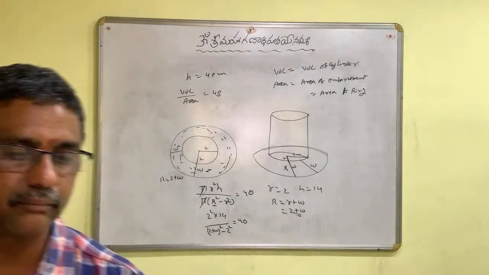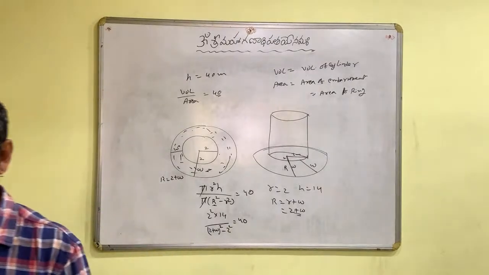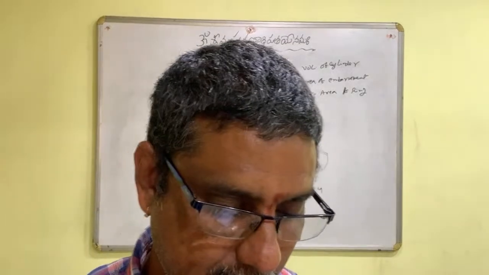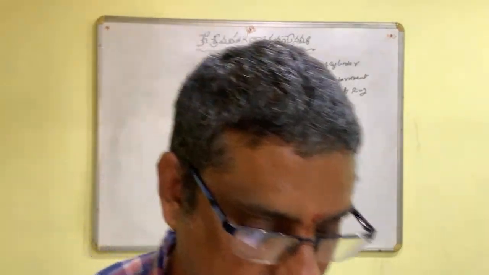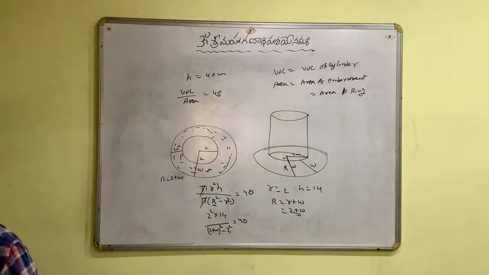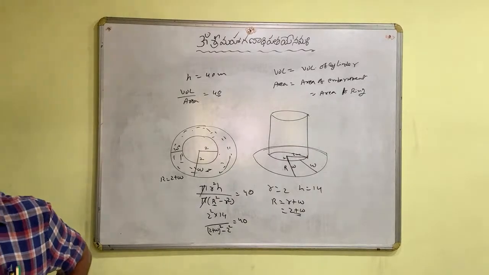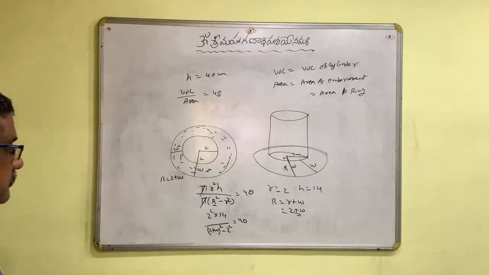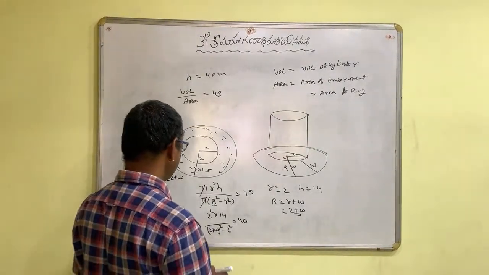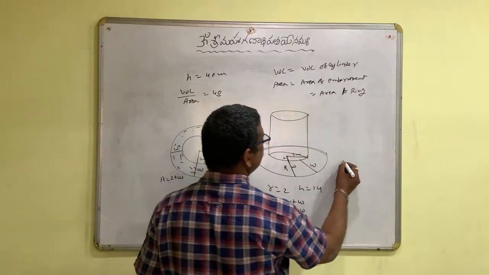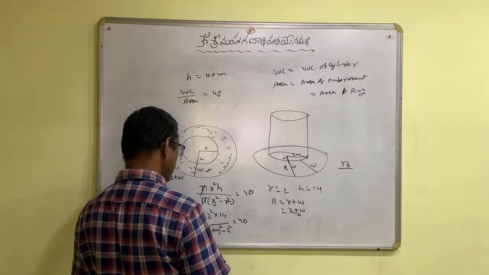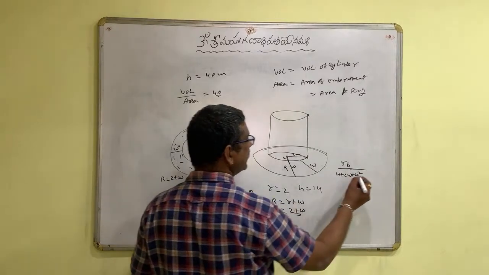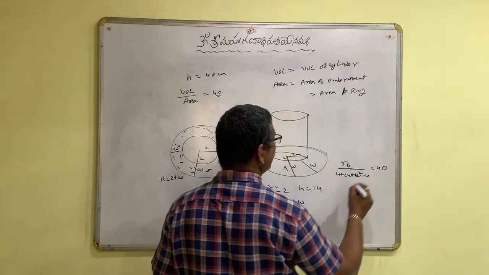How much time you want? Otherwise I will do that. 14 fours are 56 by 4 plus 2W plus W square minus 4 is equal to 40.